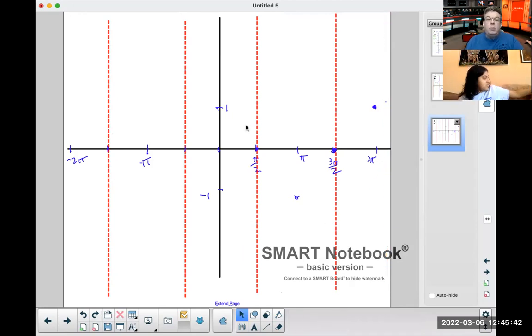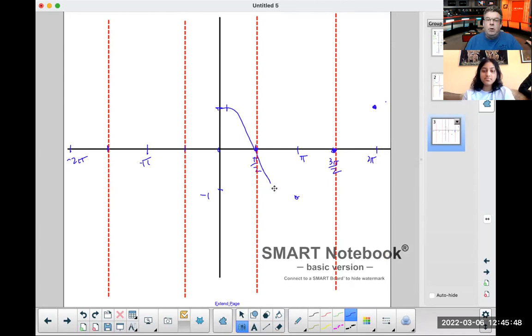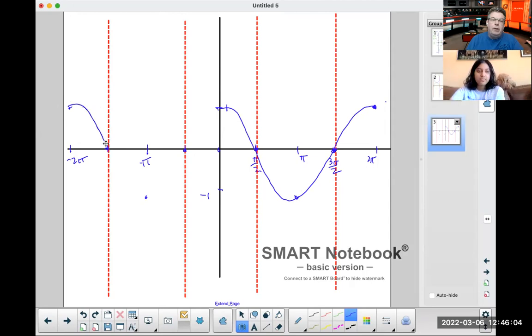Okay, so it looks like this, right? It seems harder to draw than the sine curve. I'm not sure why. It shouldn't be. Maybe you just start off with an imaginary sine curve. Okay, so that's cosine, right?